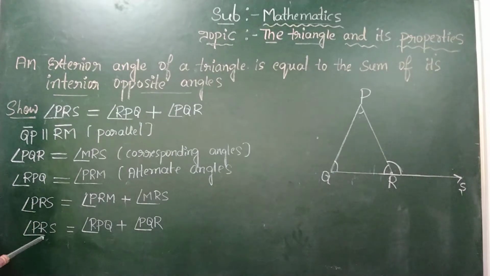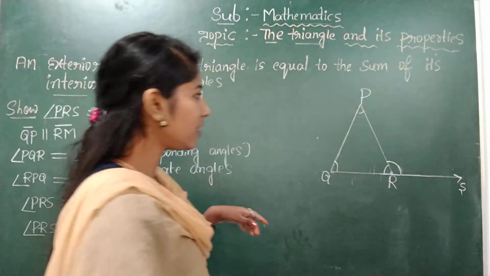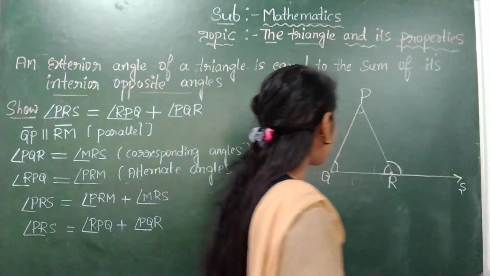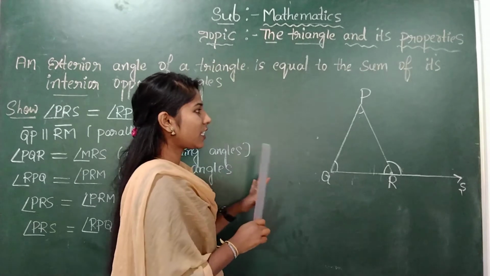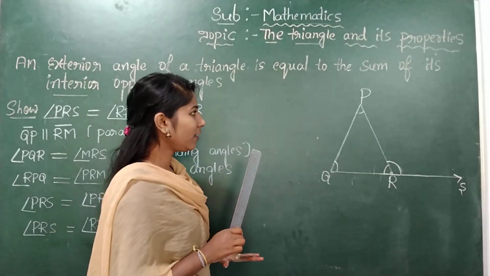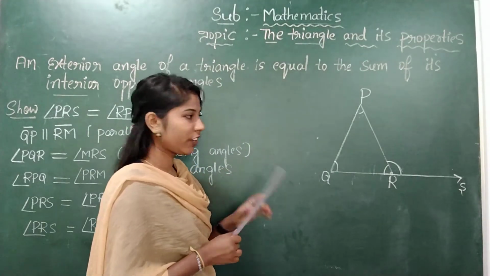So what I will do here now, this is a side PQ. Okay. I will draw one parallel line to this PQ.